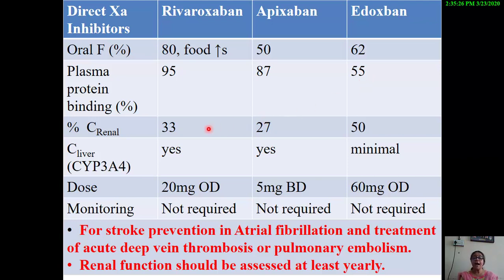Okay, as far as the clearance of these compounds is concerned, there are certain similarities where all three of them undergo renal clearance, though maximal renal clearance is seen in the case of edoxaban, which is about 50%, followed by rivaroxaban, which is about 33%, followed by apixaban, which is about 27%.